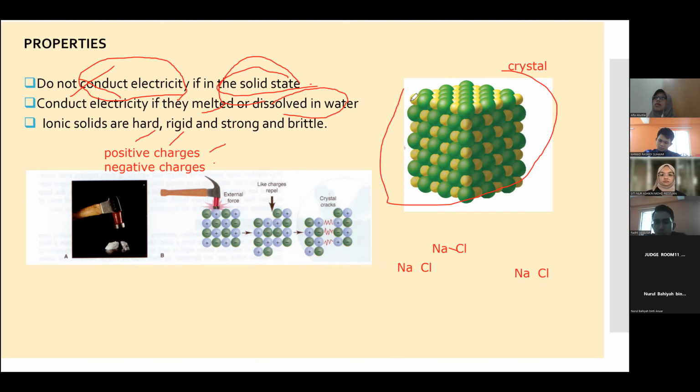This is sodium chloride, sodium chloride, sodium chloride. They make a closely packed arrangement, packed to be a crystal. Because they make an arrangement like that, they are hard, rigid, and strong. But why are they brittle?